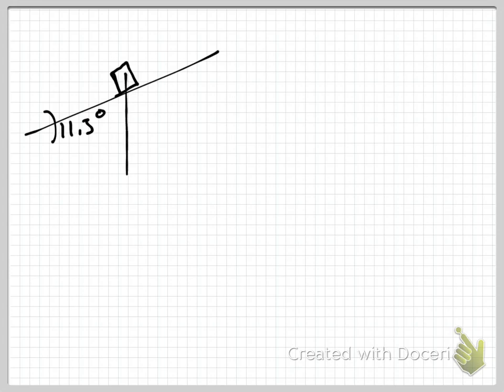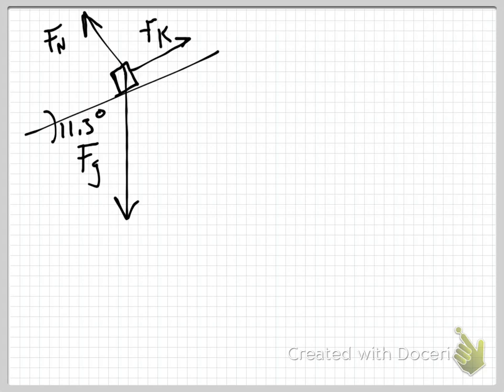Okay. So we've got sledding on this 11.5 degree slope. We have F of G, we have Fn, and we have F of kinetic friction because you are going down.